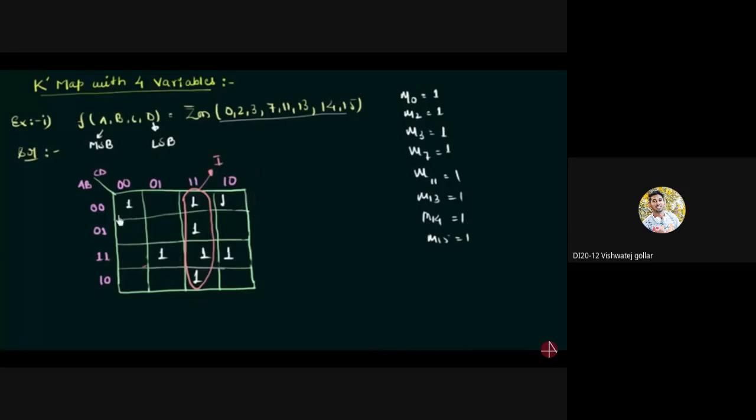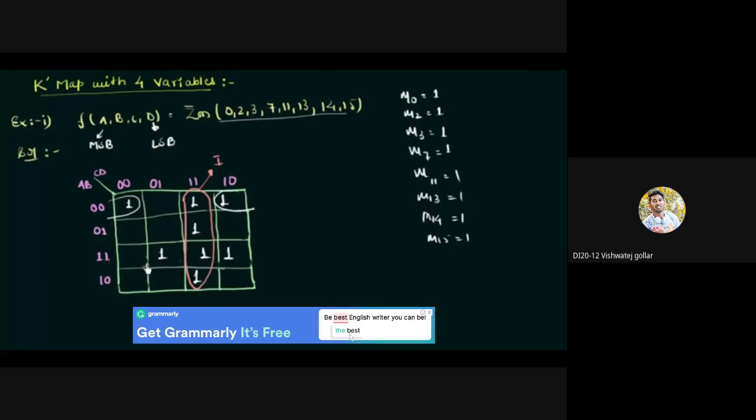Now we will see how to combine the others. It can be combined this way, these 2 ones. Now we are left with these 2 ones. This is your 1101 and this is your 1110.